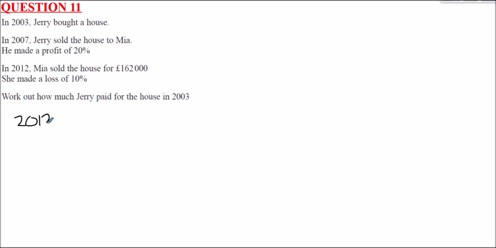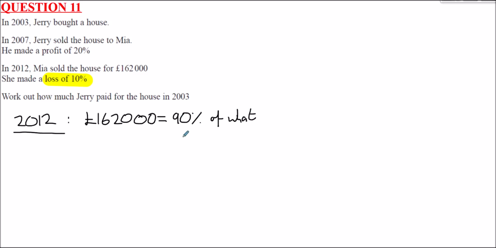So in 2012, £162,000, because that's a loss of 10%, that equals, therefore, only 90% of what Mia paid for it. So she's lost 10% on it. So £162,000 equals 90% of what Mia paid.